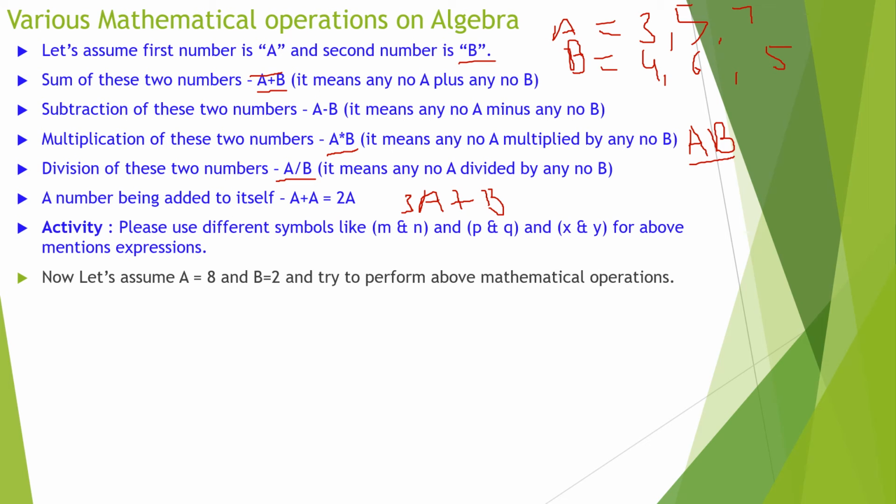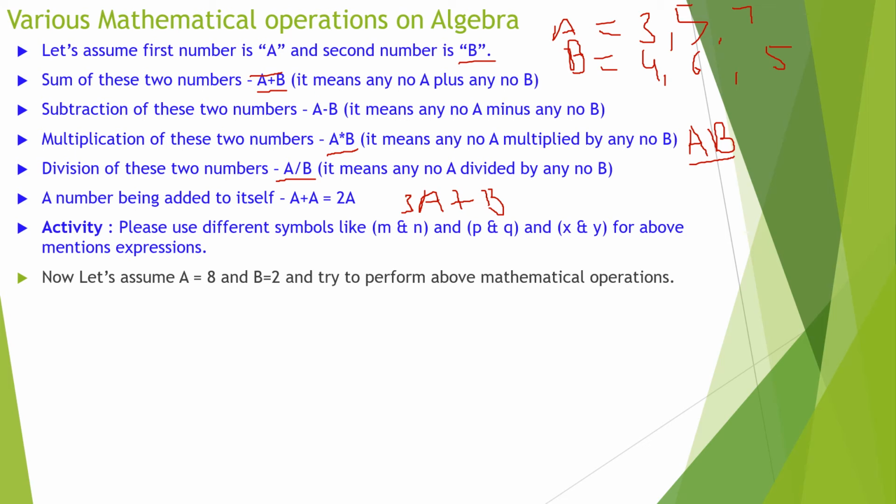Now we have seen these operations on A and B: addition, subtraction, multiplication and division, and how to add a number to itself, twice, thrice.